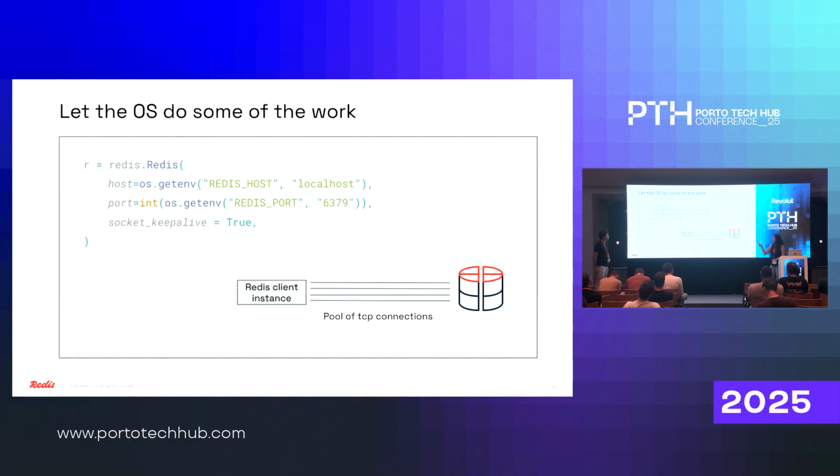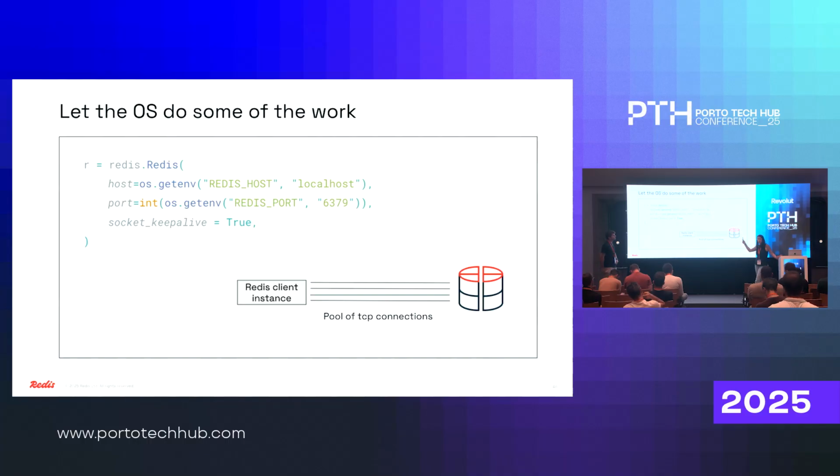We have the socket keep alive, also another one. Socket keep alive is quite cool. If you have an application that doesn't have a lot of traffic, let's say during the night, and then you have a Redis that's disconnected for some reason, if you let the operating system do its work and send keep alive on a socket, it's going to close it.